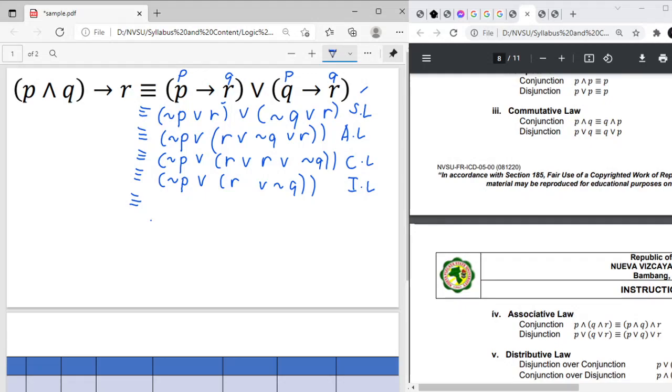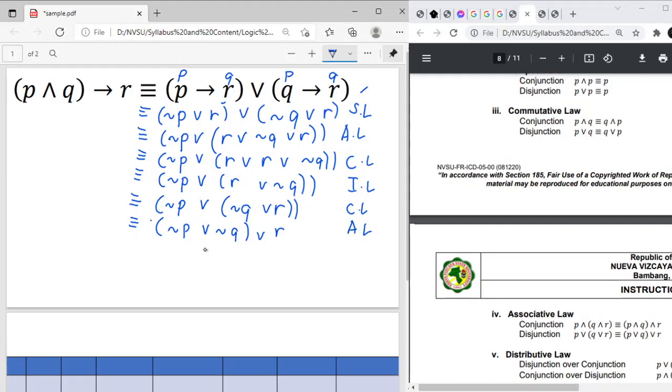So, yung P or Q is again equivalent to Q or P. Ibig sabihin, copy lang natin yung not P, or we have negate Q or R. That is by commutative law. After which, we can regroup. By regrouping, we are making use of the associative law. That is equal to not P or not Q or R, by associative law.